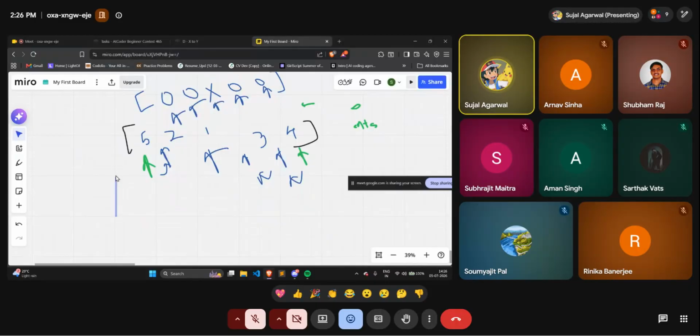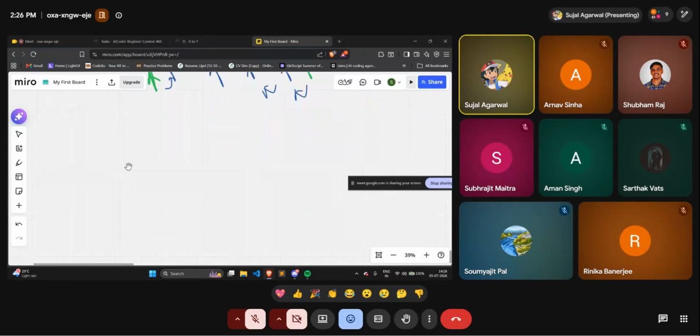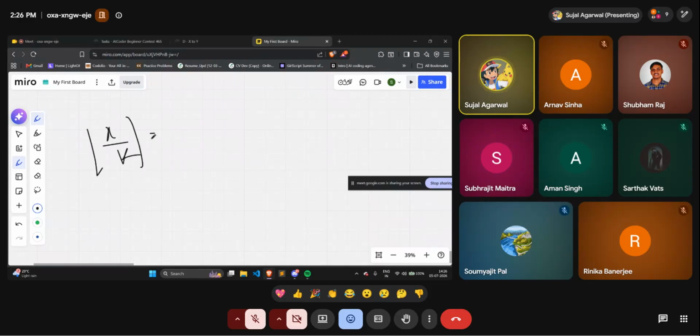I take up the code. Suppose we are given floor of x by k is equal to y. So like we can convert it. I hope everyone over here knows the working of this floor function, right?